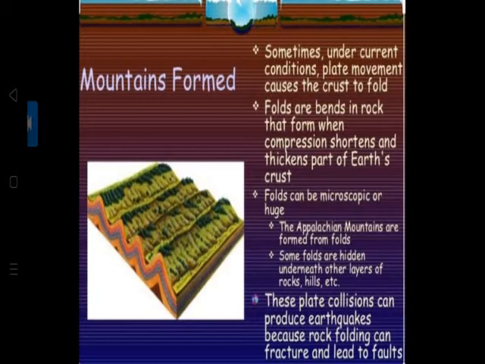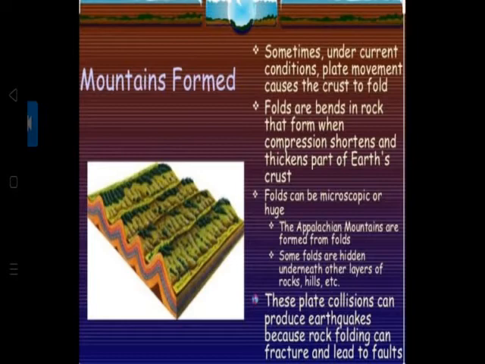Some folds are hidden underneath other layers of rocks and hills. Now, if you Google search Appalachian Mountains, they are fold mountains, and you can actually see the folds. Some folds can be seen, some are microscopic and some are huge, hidden underneath other layers of rocks and hills.